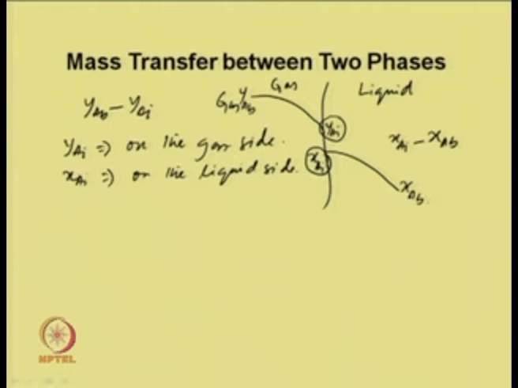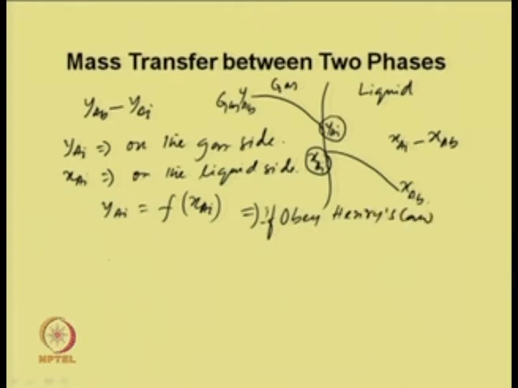So, there will be equilibrium between Y A I and X A I, and we can write Y A I is a function of X A I. If it obeys Henry's law, then we can write Y A I is equal to m X A I.